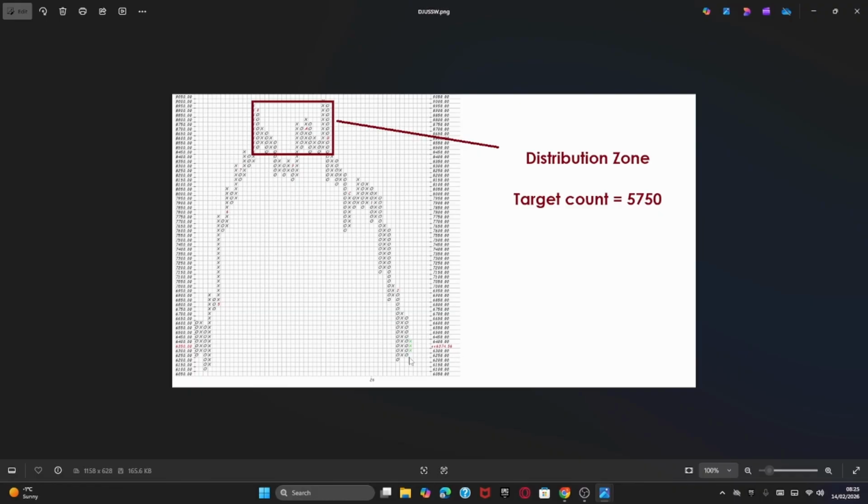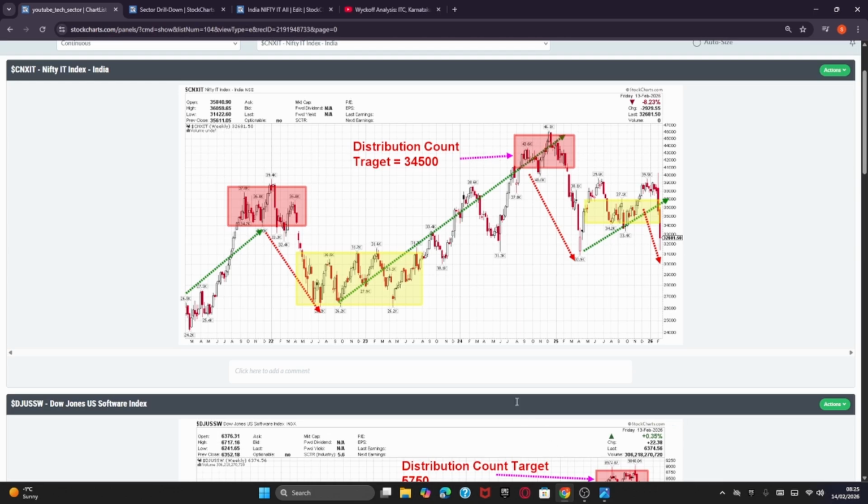So you can see that in the coming weeks and months, the sector will go sideways. There is no immediate market action showing an upward direction, but it will be sideways for the incoming weeks and months. So with that, I conclude this high-level analysis on the IT sector.